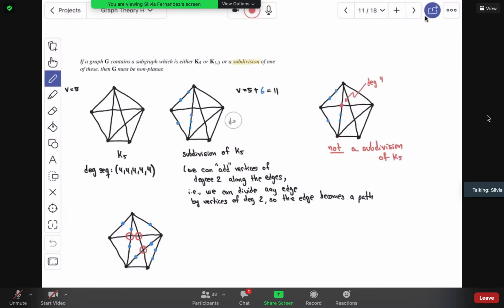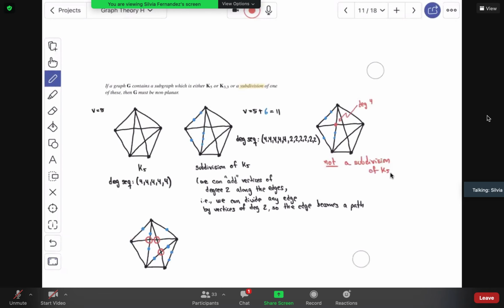The degree sequence of a subdivision of K5 is those 4s remain, and then you have 2s, and it can be different numbers of 2s. In that one, 6 2s. You can just add 1 vertex or 2 or all that. The only rule is that you place them on top of the edges, but not on top of several edges or 2 edges at once. Okay? So that's a subdivision.